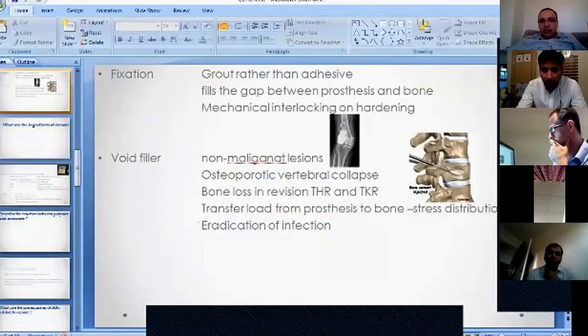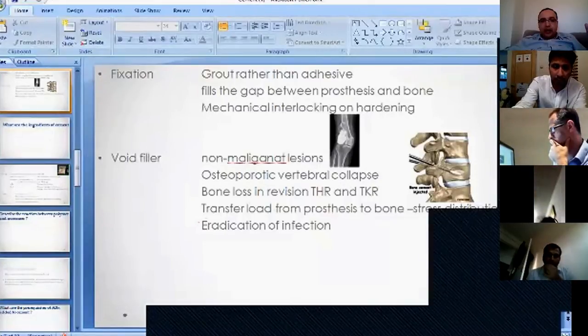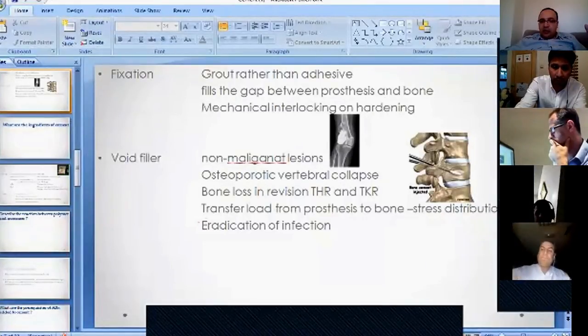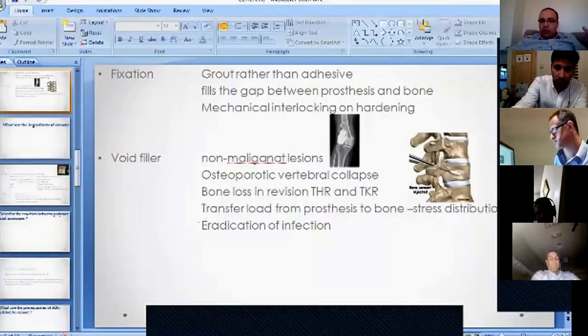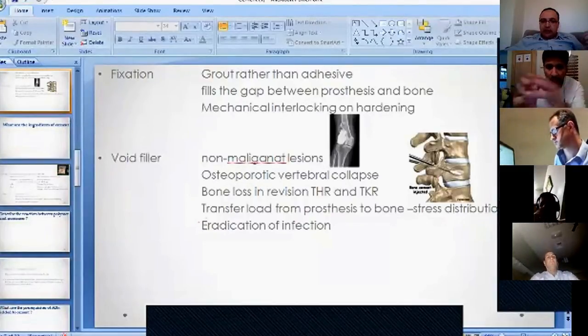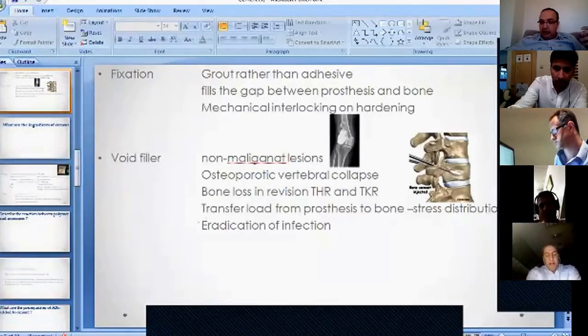indications. It could be used for cystic bony lesions to strengthen the bony defect. It can be used as a void filler to treat osteoporotic vertebral fractures. It can be used if there are bone deficiencies in cases of revision hip replacements. How it works is it transfers the load from the prosthesis to the bone and acts as a stress distributor.